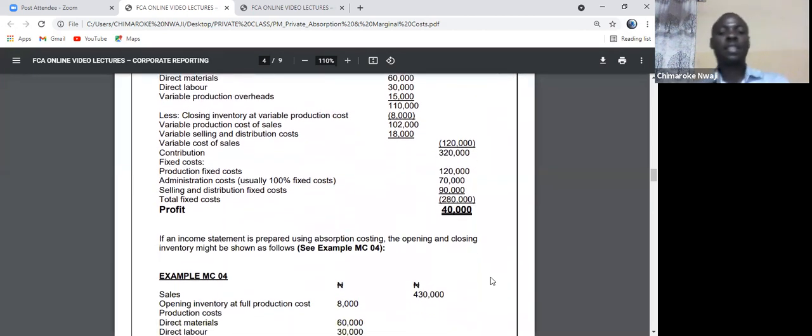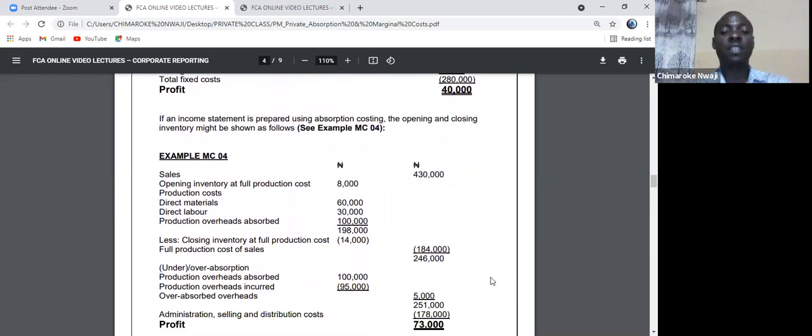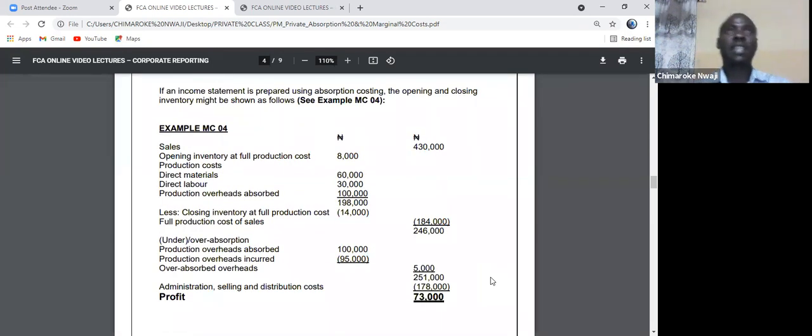Now, let's look at how we can prepare absorption costing financial statement, because in the exam, you may be asked to prepare a financial statement using absorption costing or a financial statement using marginal costing. We've seen that of marginal costing. Let's see that of absorption costing. Now, we have your sales here to be 430,000 Naira.